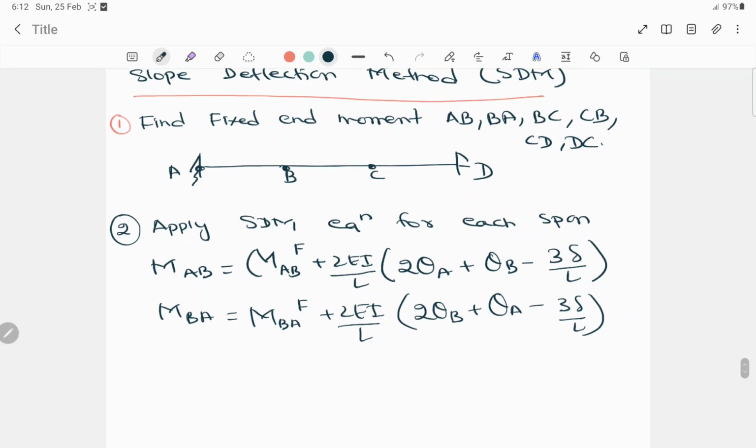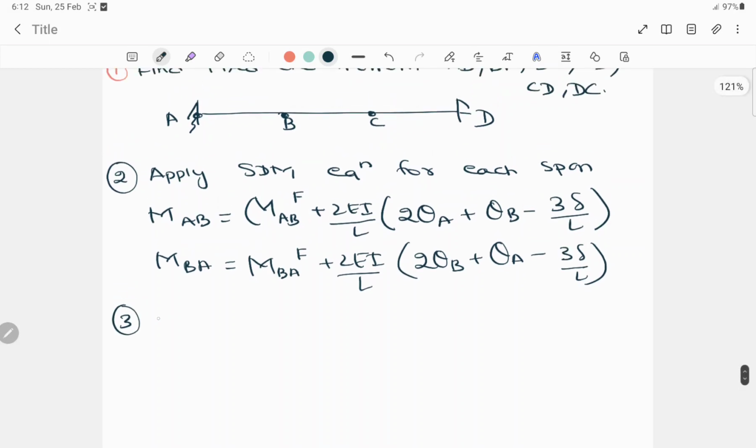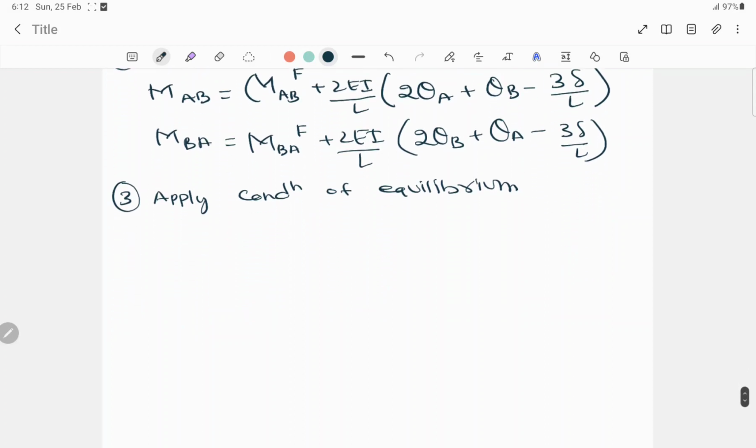Now step 3 is to apply the condition of equilibrium. We have two conditions here.